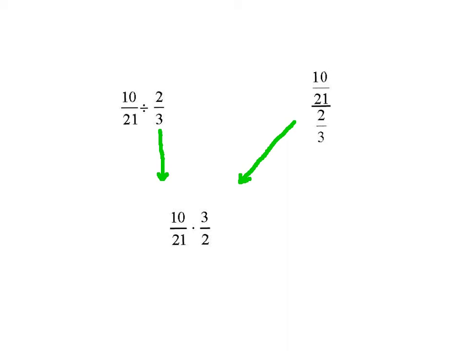So let's go ahead and do this problem in our usual way. First we can do some canceling. 3 into 3 goes once, 3 into 21 goes 7 times. 2 into 2 goes once, and 2 into 10 goes 5 times. So now if we simply multiply across, we get 5/7 as the answer to our division problem.